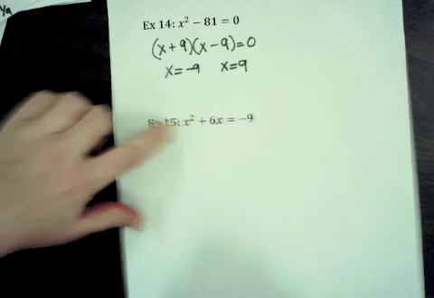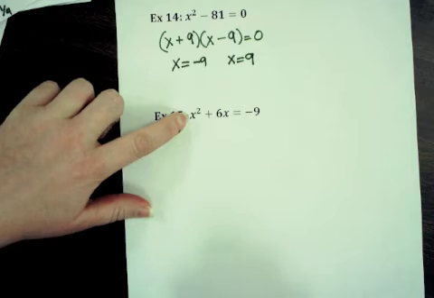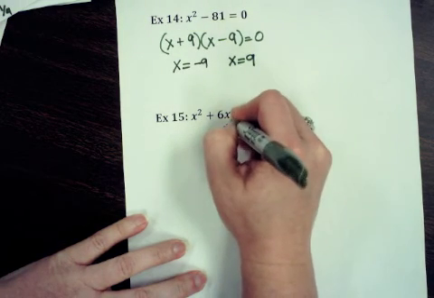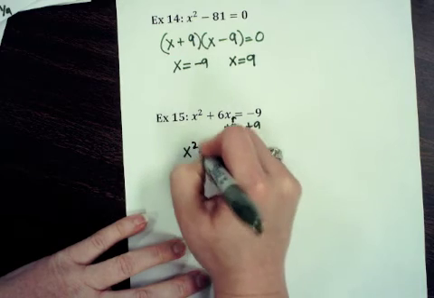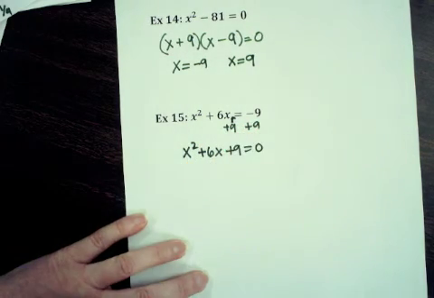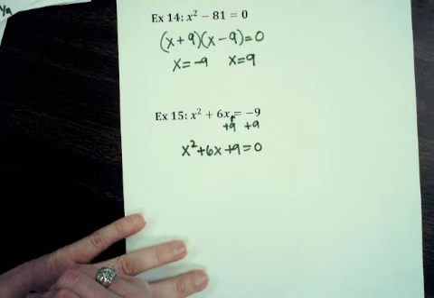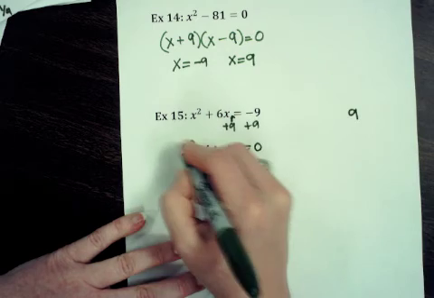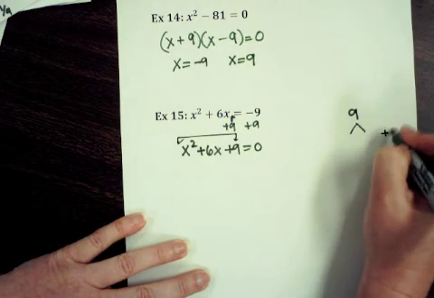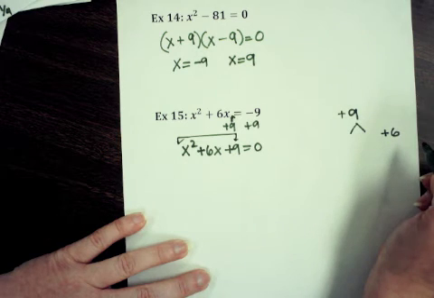Okay, in our last example, x squared plus 6x minus 9. I know that I got to add 9. Squeeze it in there. X squared plus 6x plus 9, so it's all on the same side, equals 0. And I say what multiplies to give me 9, but adds to give me 6.